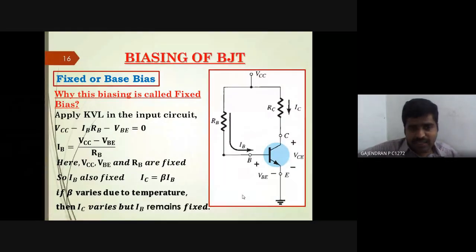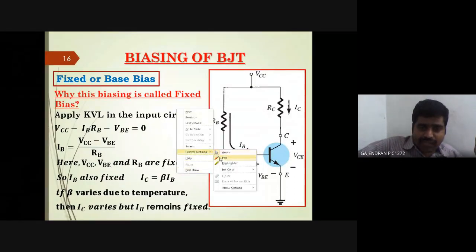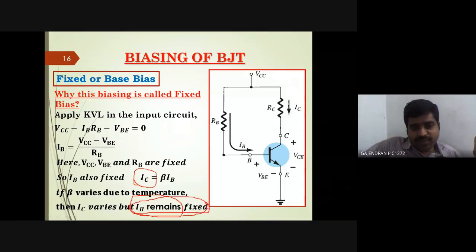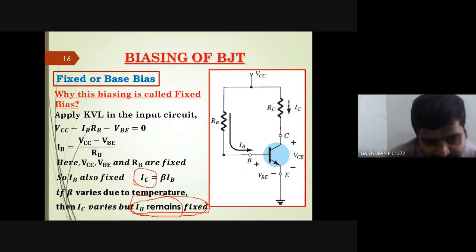Is it clear, sir? If the temperature varies, the collector current will vary. But it won't disturb your base current. It remains fixed. Okay? Is it clear?